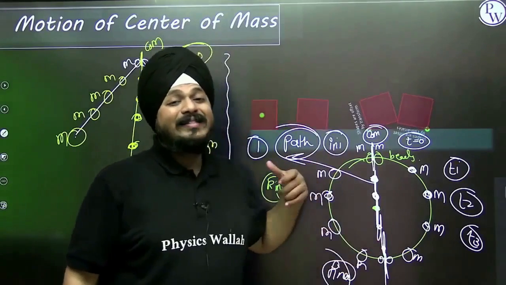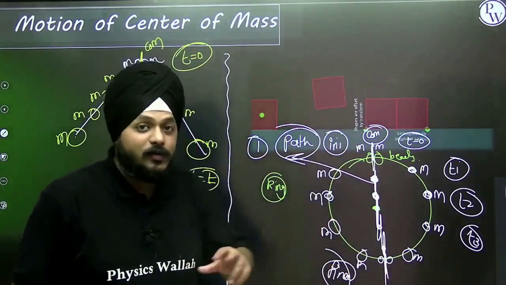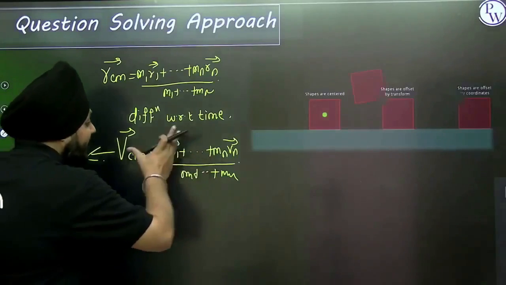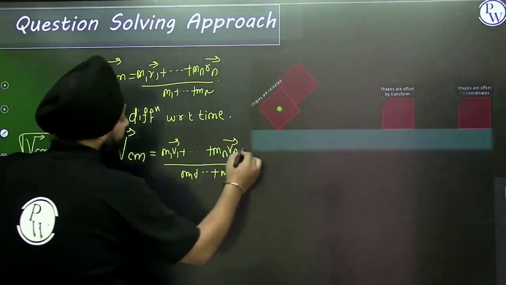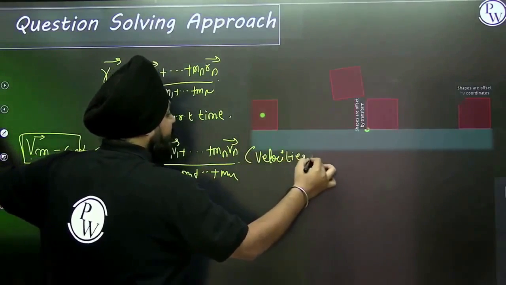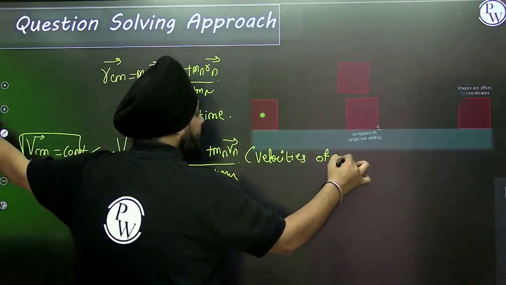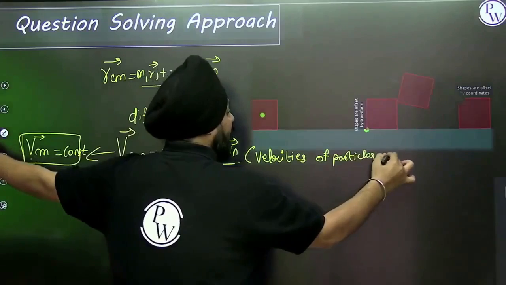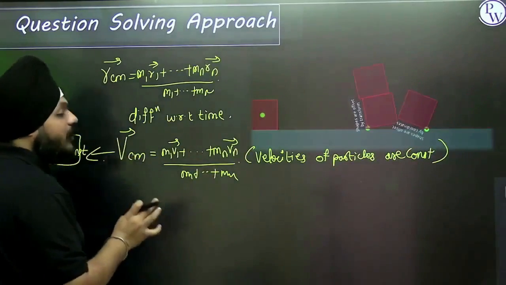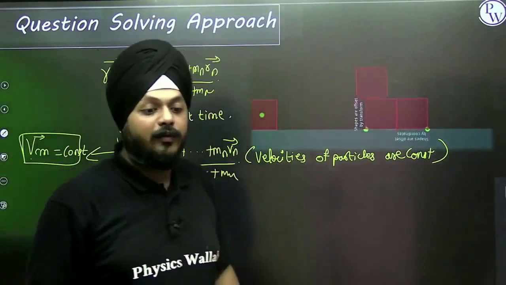Whether the particles are getting accelerated or not is also important. Here in this case, particles only have different velocities. Velocities of all particles are constant. So that's why we are getting the constant value of the velocity of the center of mass.